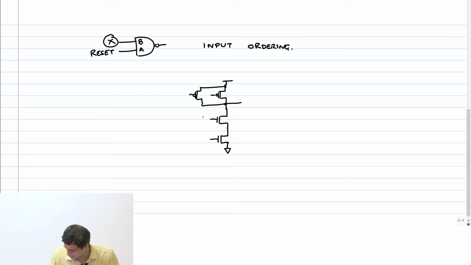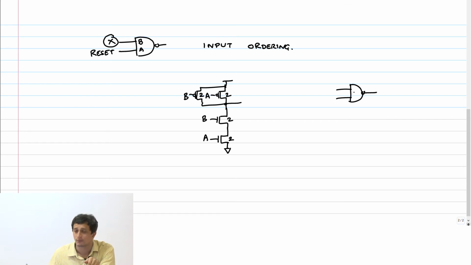So we said this was B, A, B. Of course, it doesn't matter. Okay, the original sizes that we have are 2, 2, 2, and 2. Now let's assume that this NAND gate is sitting in a path somewhere.